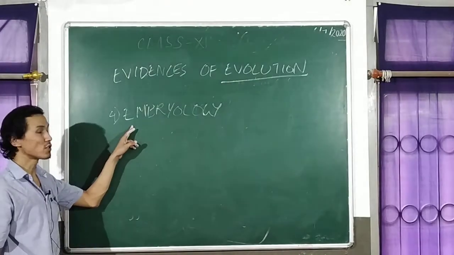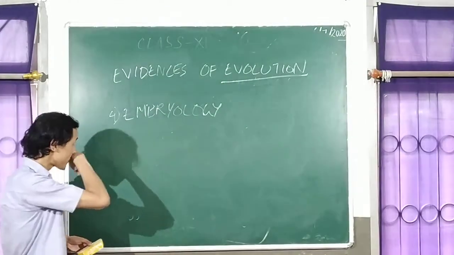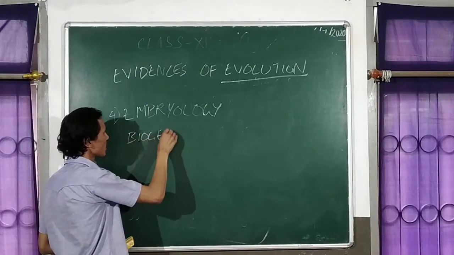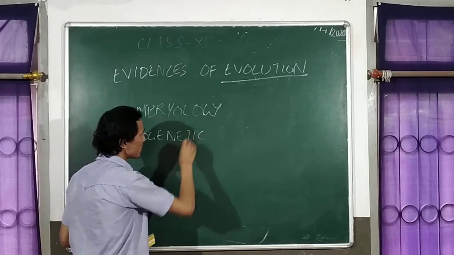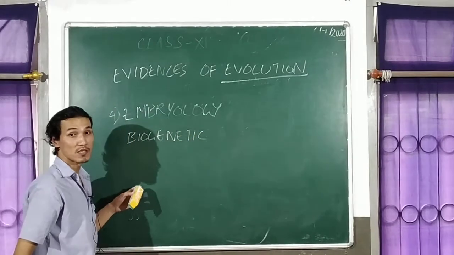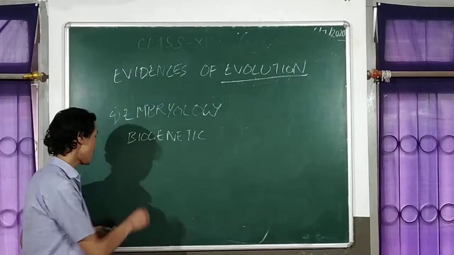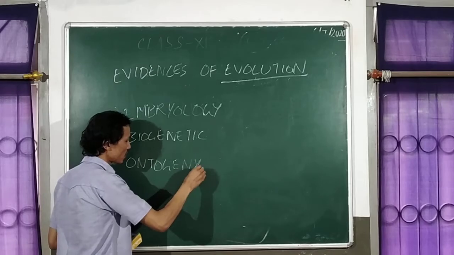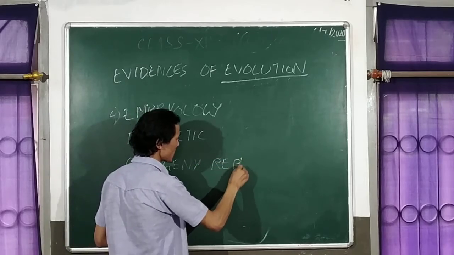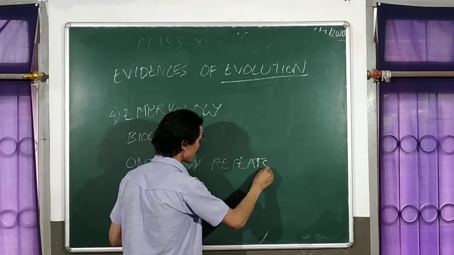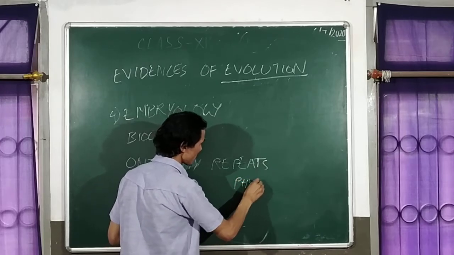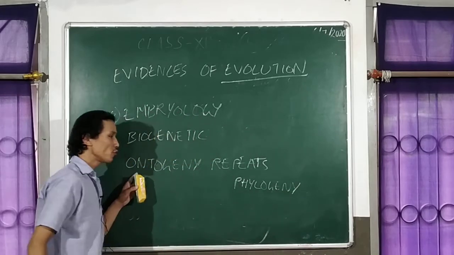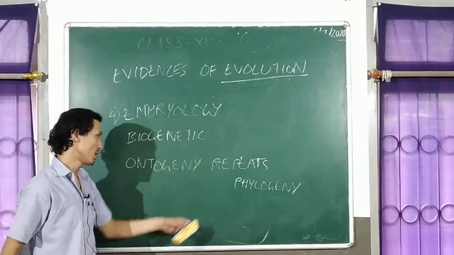Regarding embryology, there's one important rule called the biogenetic law, proposed by Ernest Haeckel. What Ernest Haeckel stated is that ontogeny repeats phylogeny.